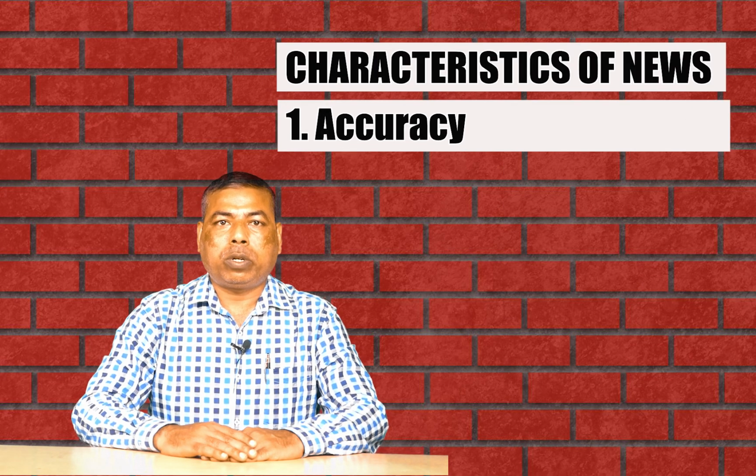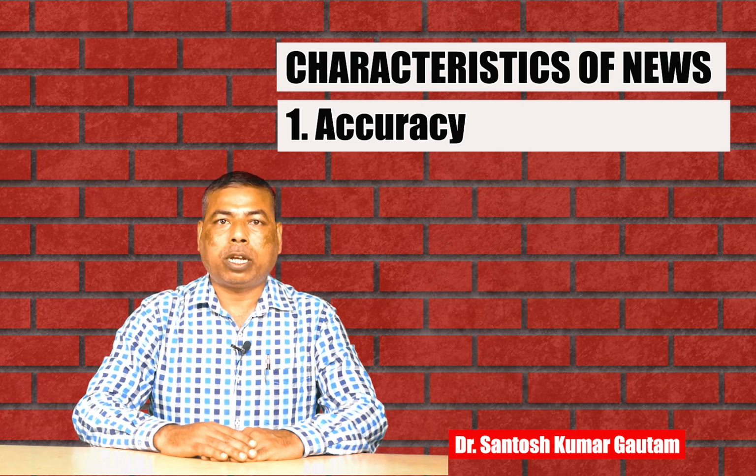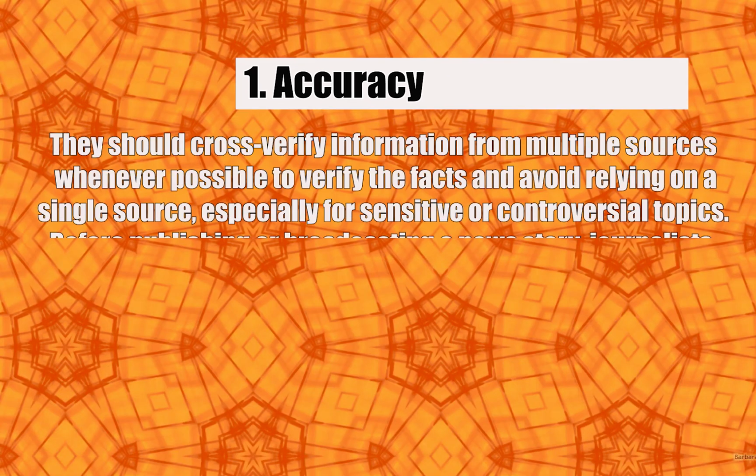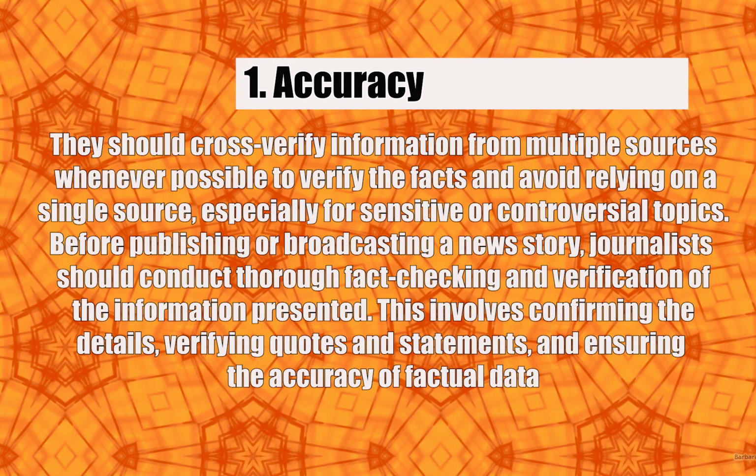To ensure accuracy, journalists must rely on credible and trustworthy sources for their news stories. They should cross-verify information from multiple sources whenever possible to verify the facts and avoid relying on a single source, especially for sensitive or controversial topics.